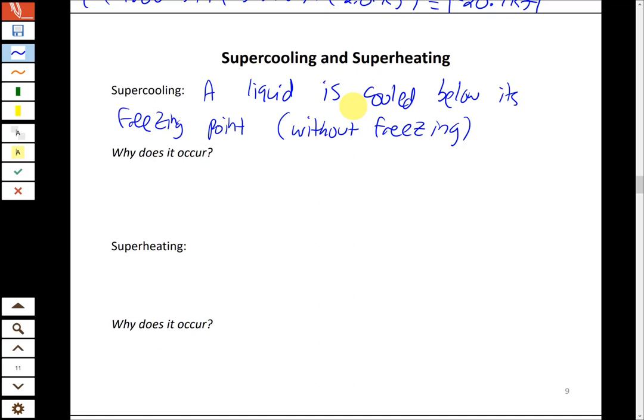Now, we don't need to know a lot about supercooling for this course, but really the main reason that it even occurs at all, at least without any sort of external stimulus. As I said, a lot of organisms use proteins or ionic gradients and things to control this process. If it just happens naturally in pure water, it occurs because it takes some amount of time for those liquid molecules to organize and become a solid.